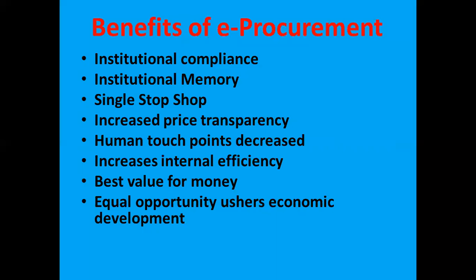Compliance means the place where you are getting any problems, you can rectify it. Institutional memory. You have to maintain the institutional memory whenever you are doing the e-procurement process. Single stop shop. During the online purchase in any tendering or any bid, we'll discuss the tendering topic also. We have to see for the single stop shop.